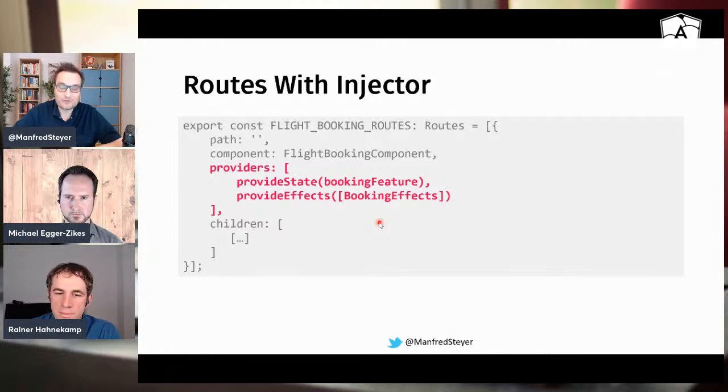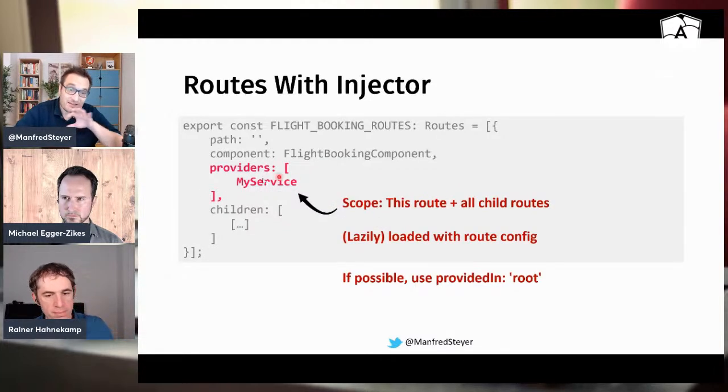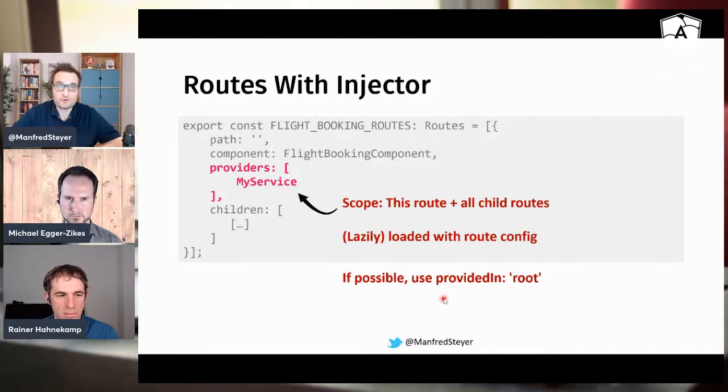You can now use those functions to set up a feature slice for a portion, hopefully a lazy portion, of your application. This is not that great an example, because just a service without parameters can easily be provided in root.